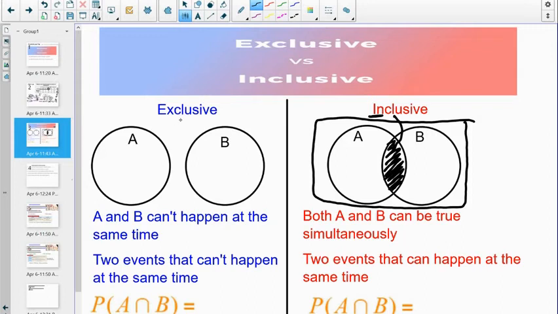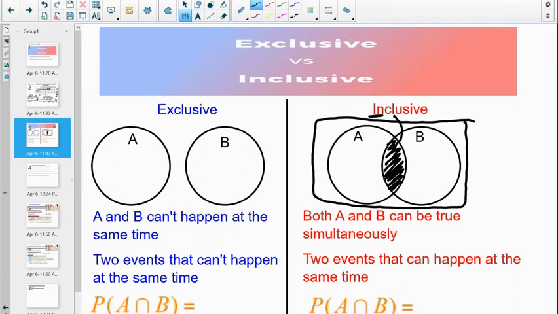But exclusive, on the left-hand side, the stuff written in blue, is when they cannot happen at the same time. You see how they're not touching like they are over here where they overlap? It's when there's two separate circles and they're not touching. So the two events cannot happen at the same time. For example, you can't be a sophomore and a junior at the same time. You're either a sophomore or a junior. You cannot be both. That's for exclusive.